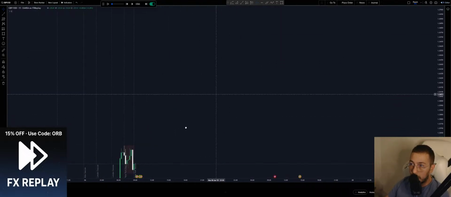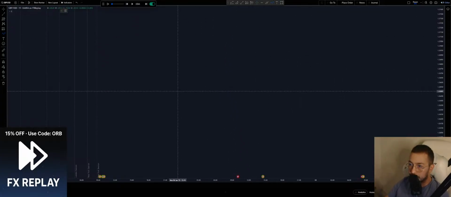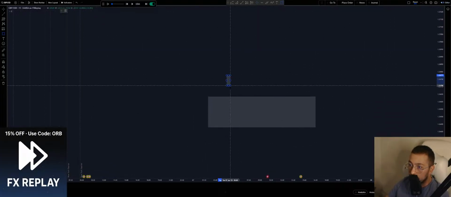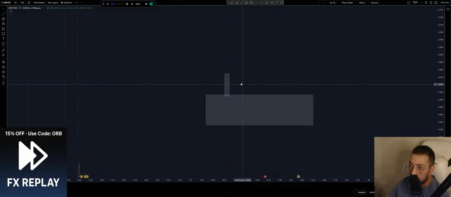Now for the entry, how do we enter? Let's say we have our demand zone here. The price retested that zone. So when the price retests the zone, your entry is gonna be on the last candle that retested the zone. That's a bullish, that's a demand setup. The price retested the zone, right?